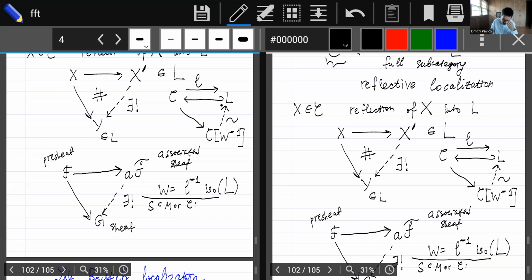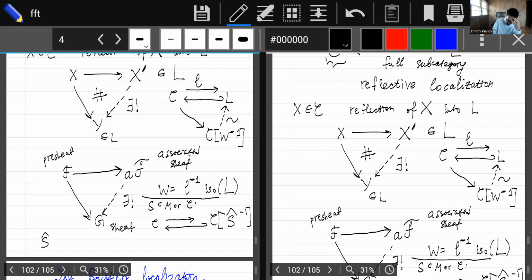And as it turns out, there is such a way to do this in a universal fashion. And the result can be presented as a category of fractions of C with respect to the saturation of S.